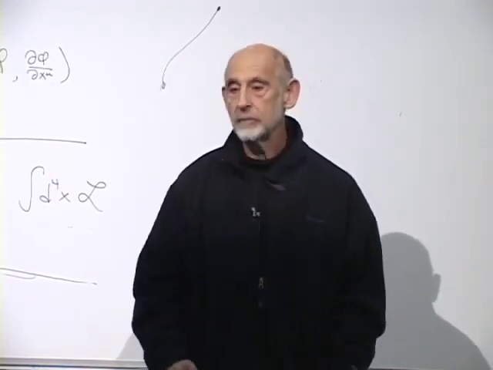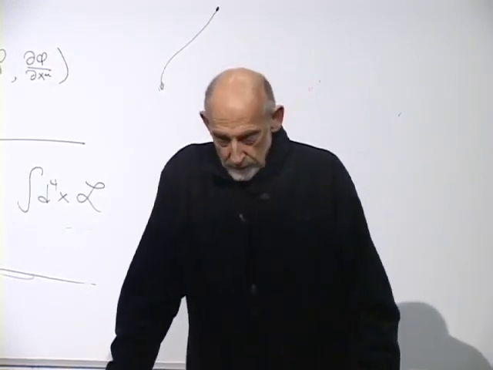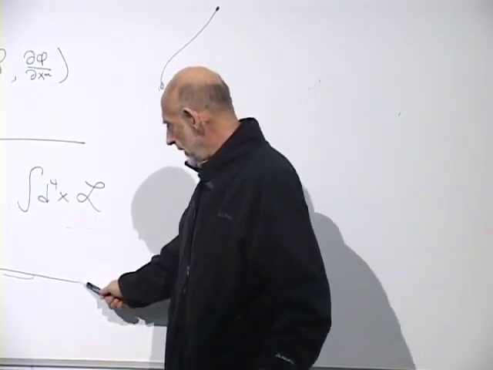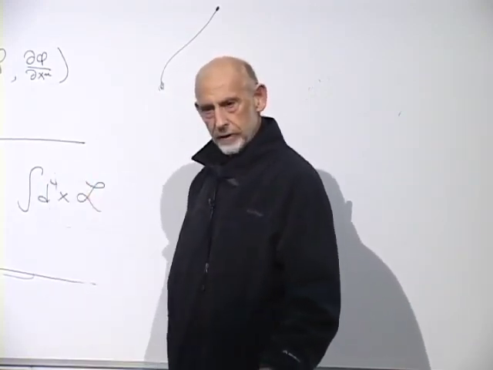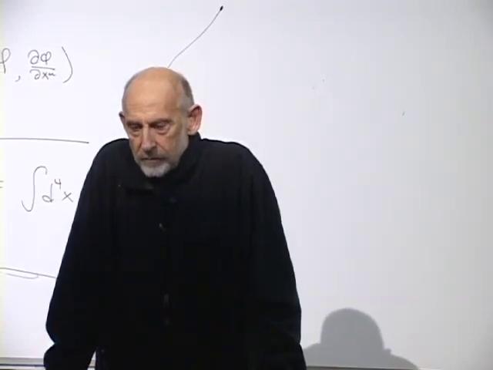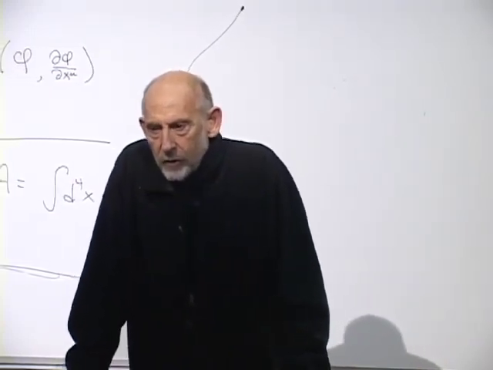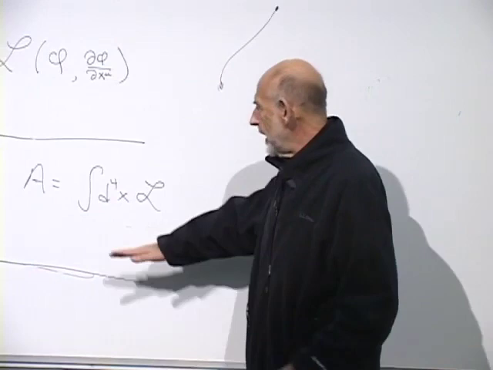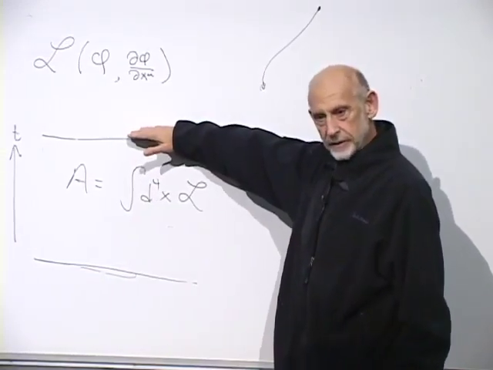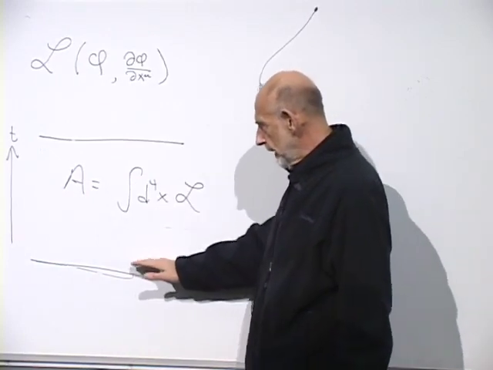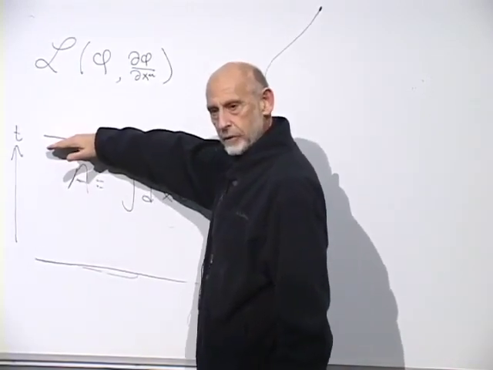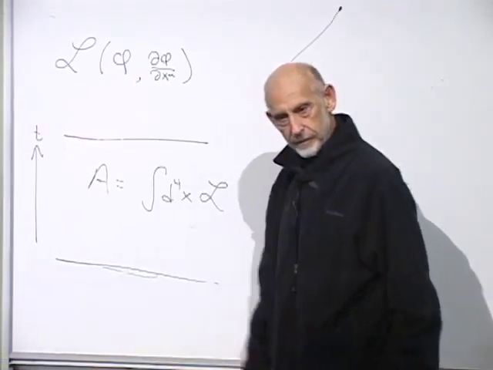So how do you go from one space-time event to another space-time event? Why space-time events? We're having values of fields here and values of fields here. Well, we're integrating d4x, so there has to be some d4 trajectory. No, the trajectory is replaced by a history of the field from the beginning to the end. A history means the values of the fields all along here. Everywhere is in here.